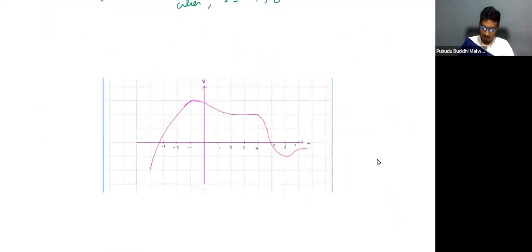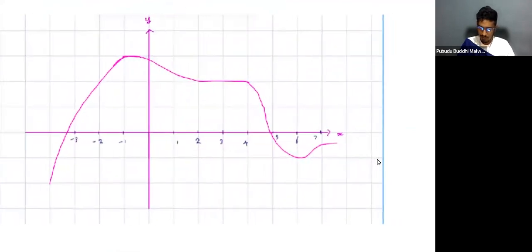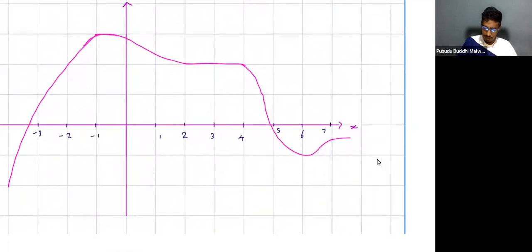So for example, if we try to complete this same problem for the interval 5 to 7, now what's the minimum? This is the minimum.